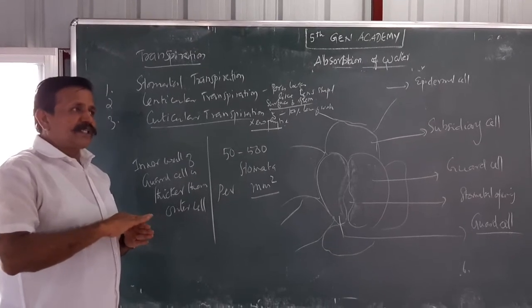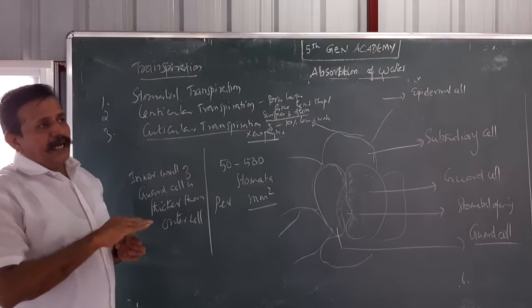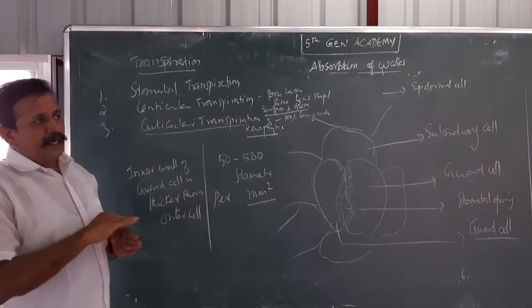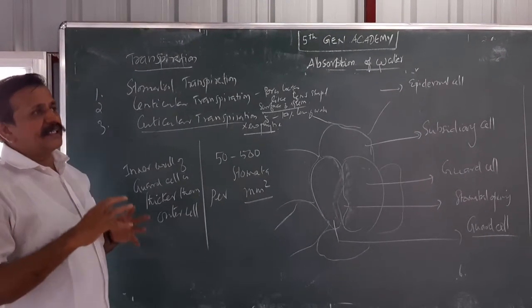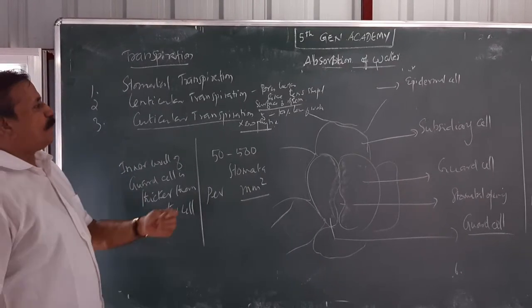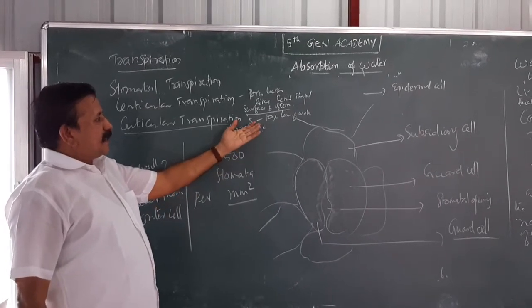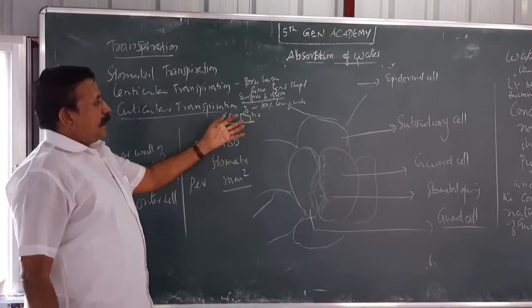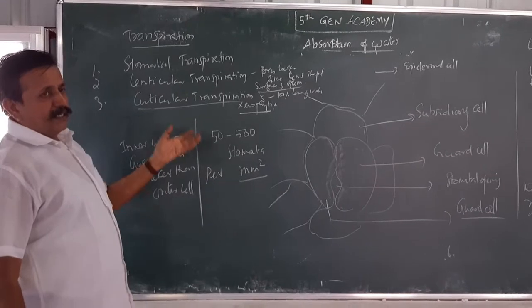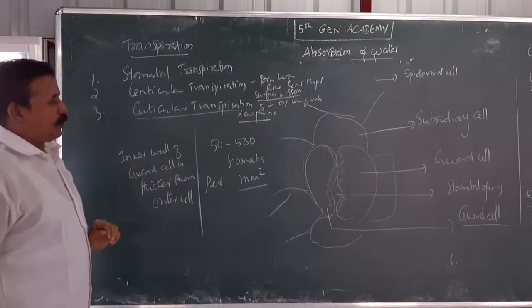The leaf epidermis is covered by lignified suberin and other materials, so they almost completely avoid transpiration. Only a little amount of water comes out, about 5 to 10% loss of water in xerophytic plants. Such transpiration is called cuticular transpiration.